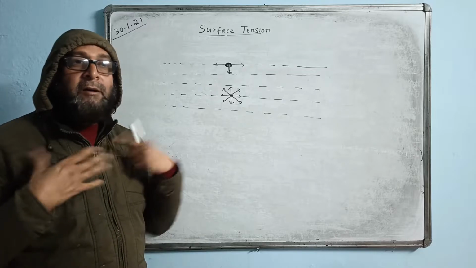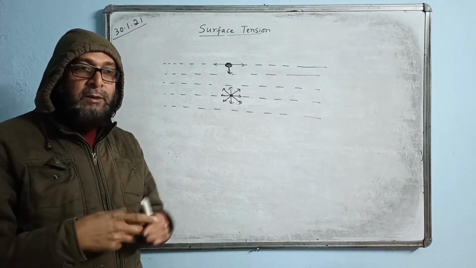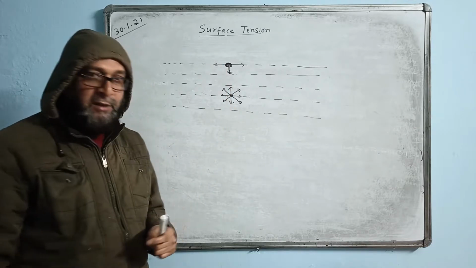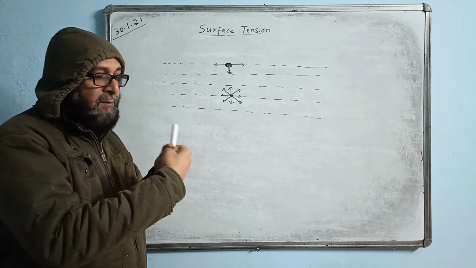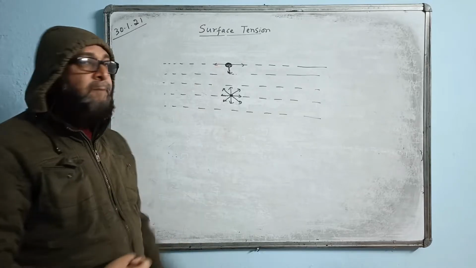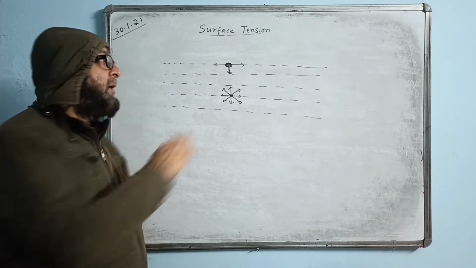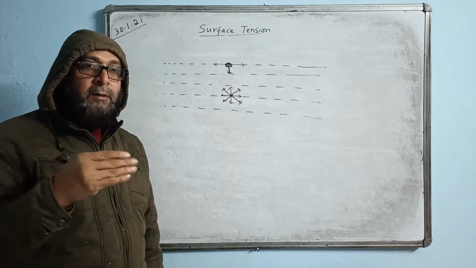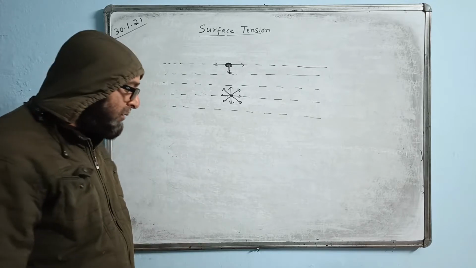But when we try to walk, our weight is too much, or if you put something heavy over there, then the liquid surface ruptures and the body goes down inside. So as long as the surface tension is strong enough to balance the weight of the body, it can move on the surface of the liquid without getting wet or its legs going inside the liquid. So that is the reason for it.